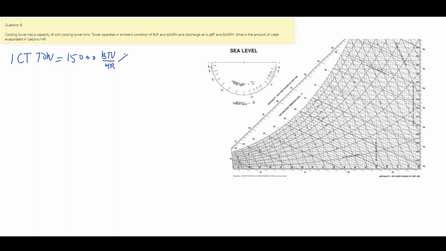Now this measurement includes 12,000 BTU per hour, this is our evaporator cooling ton. And it includes 3,000 BTU per hour from heat picked up by your compressor.